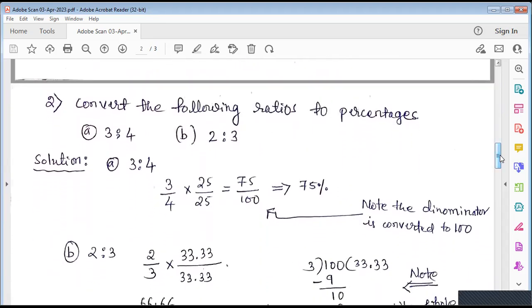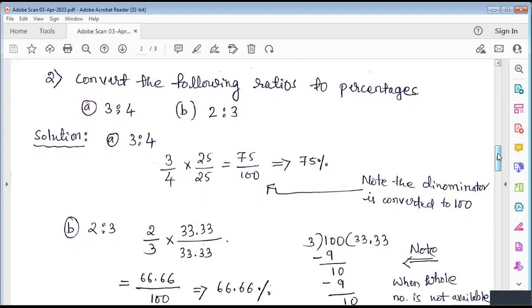The second problem of this exercise 8.1 is like this. Convert the following ratios to percentages. So this is also very easy. First one is 3:4 ratio, and this we have to convert into percentage.